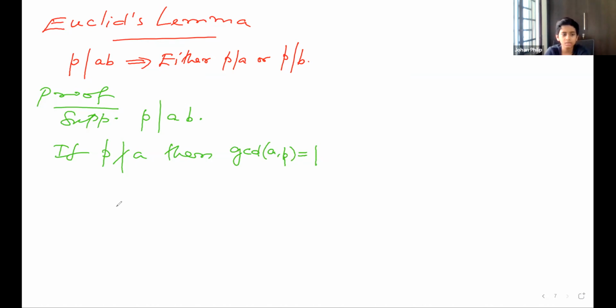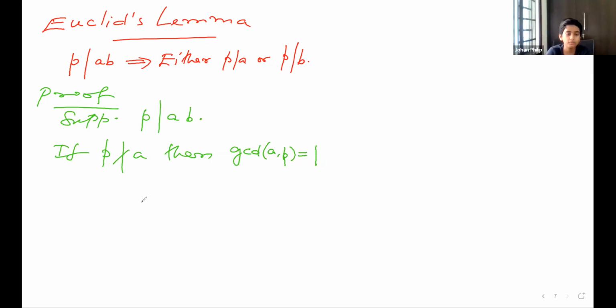Really? Every number has 1 as a common divisor. Every pair of numbers is divisible by 1. So if P doesn't divide A, how do you know the GCD of A and P is 1?